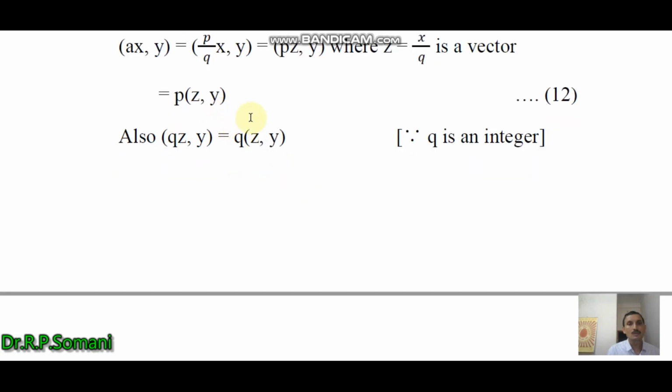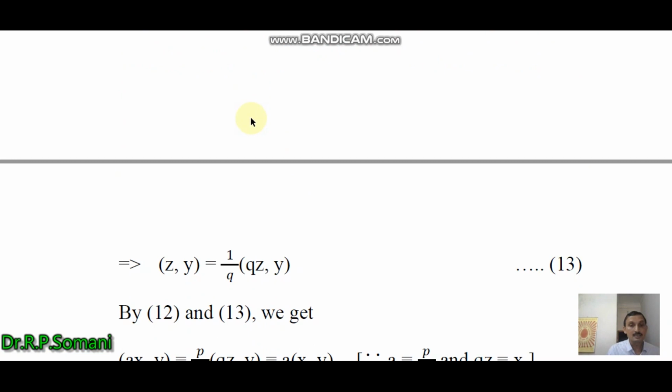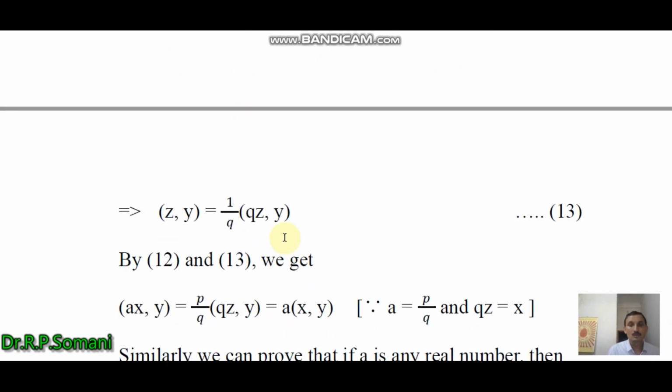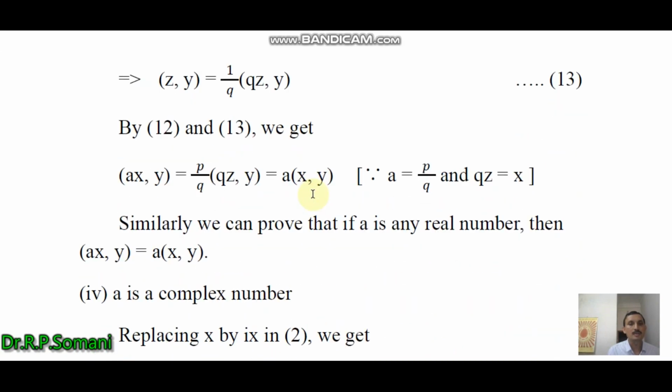So now we use these two results, that z, y equals 1 by q times qz, y. Using equations 12 and 13, we obtain that a x, y equals p by q times qz, y equals a x, y, because a equals p by q and qz equals x.